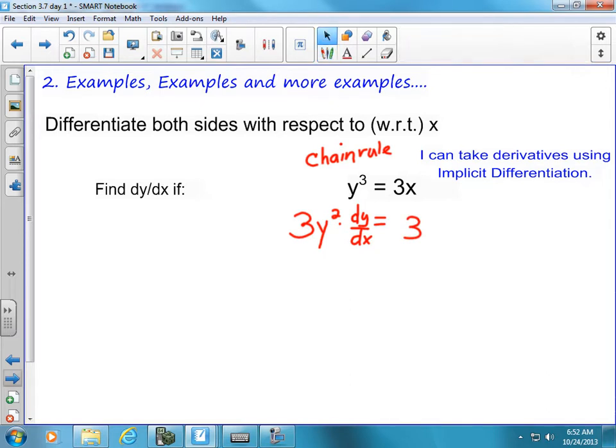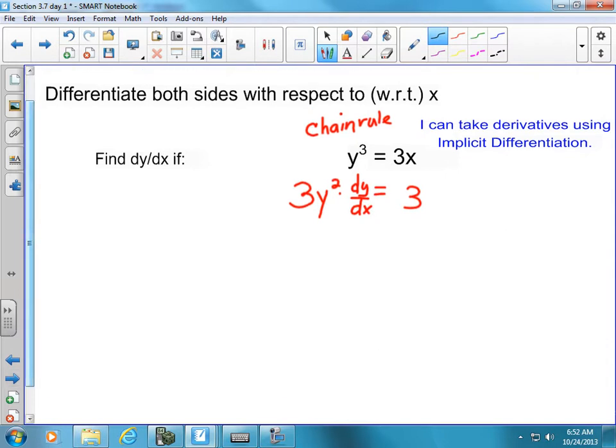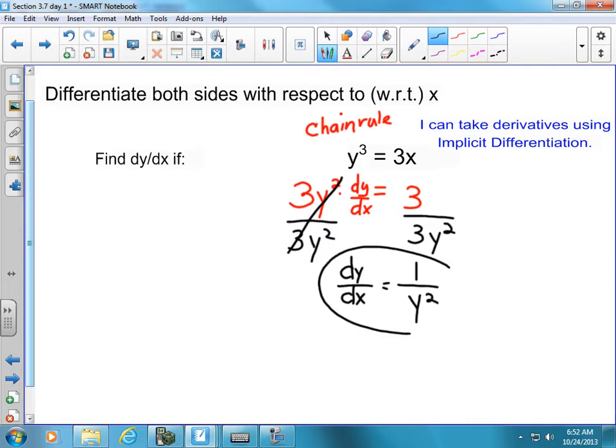Okay? Now, what we usually do with these functions is we isolate dy dx. So we are going to divide both sides by 3y squared. All right, and that isolates our dy dx. I think this is 1 over y squared when we simplify it.